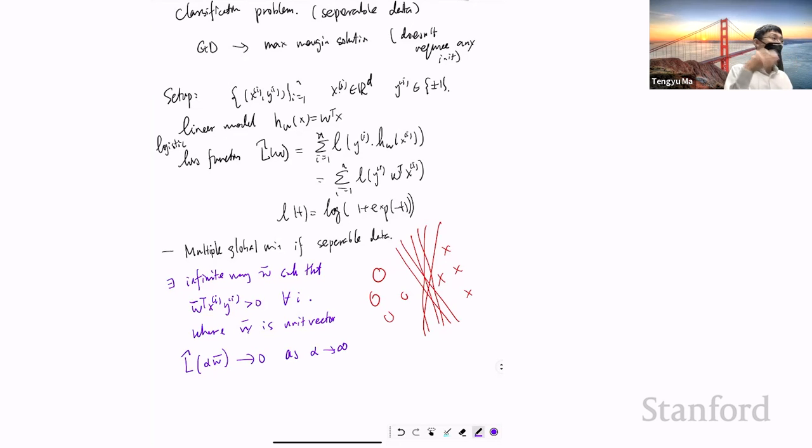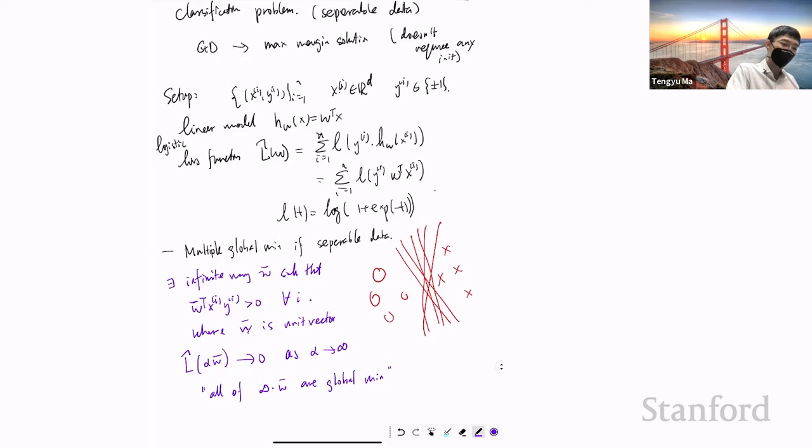So you can go to infinity in different directions and still converge to zero loss. In some sense, if you are a little sloppy, all of these infinity times W bar are global minima of this loss function, just because the loss function goes to 0 at infinity.